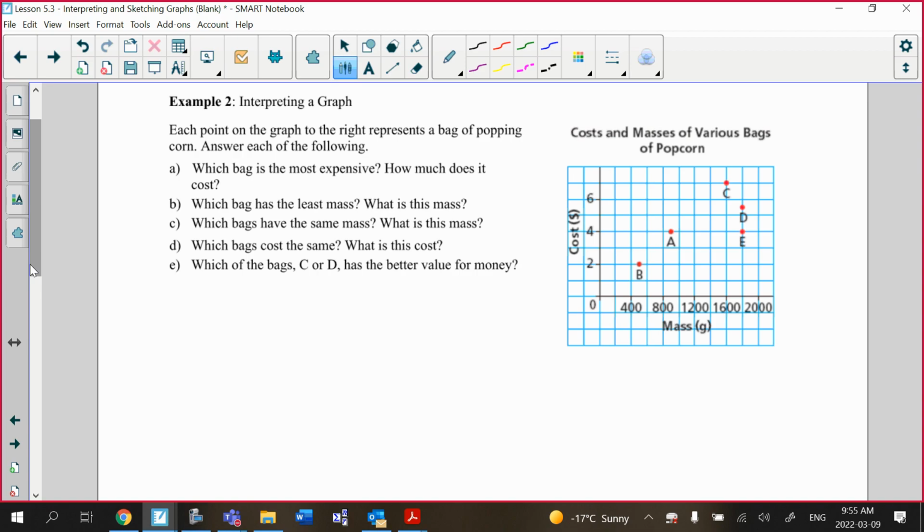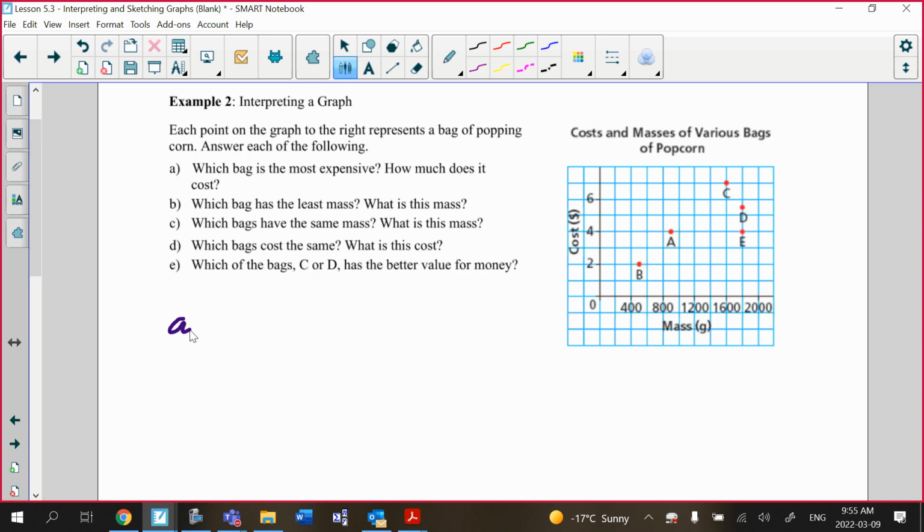So which bag has the least mass? Anybody? Come on. Least mass. B. And that mass is what?